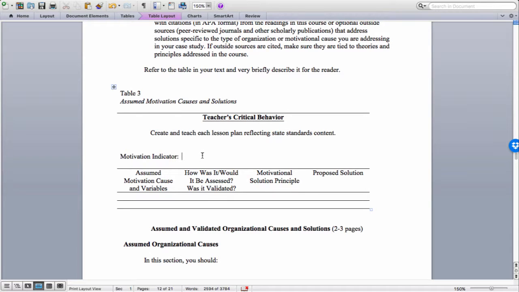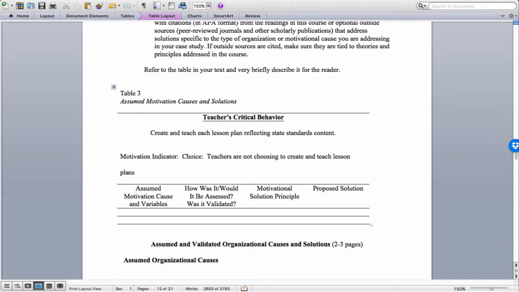Okay, so in this case, I will say that for our case the motivation is choice. Okay, teachers are not choosing to create and teach lesson plans reflecting the standard.